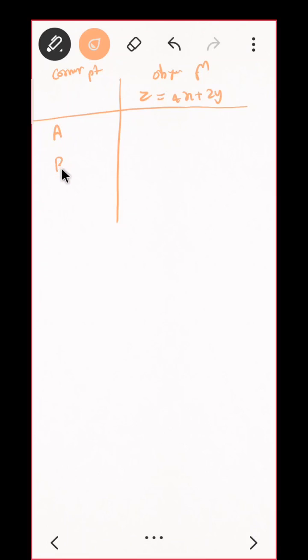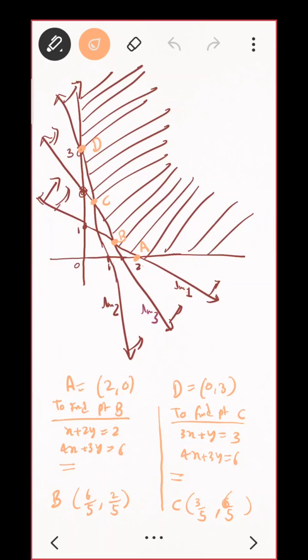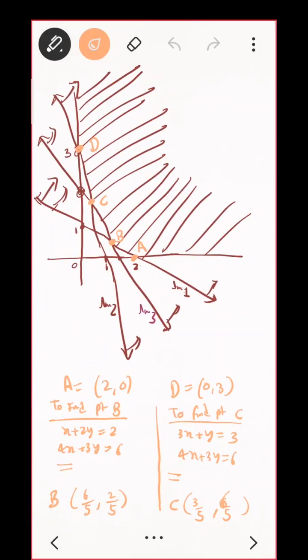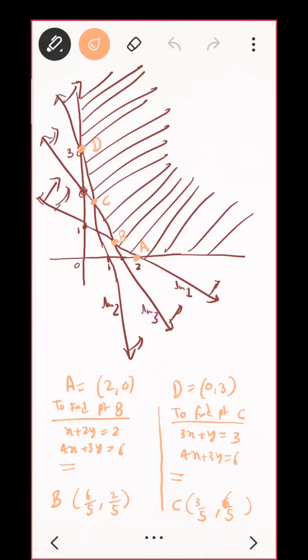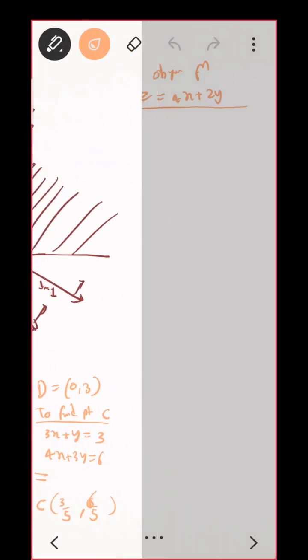E, B, C, D. Tell me the coordinates of E. It is 2 comma 0. And for B? We have just found out. That is 6 by 5 and 2 by 5. And for C? 3 by 5 and 6 by 5. For D, we already have that, 0 comma 3.